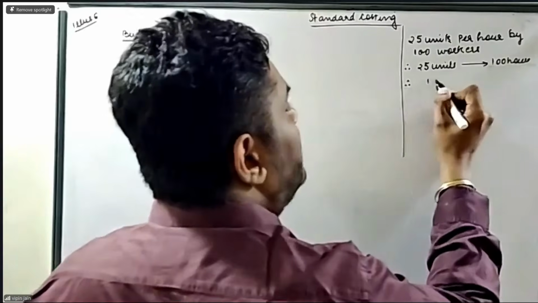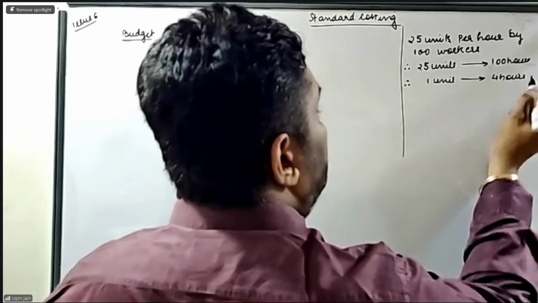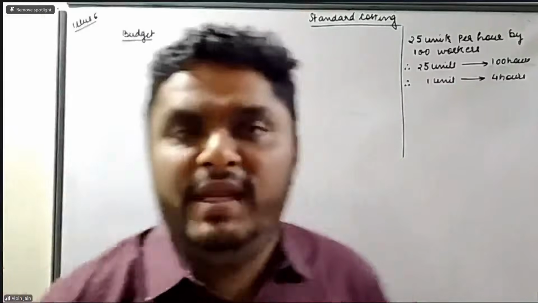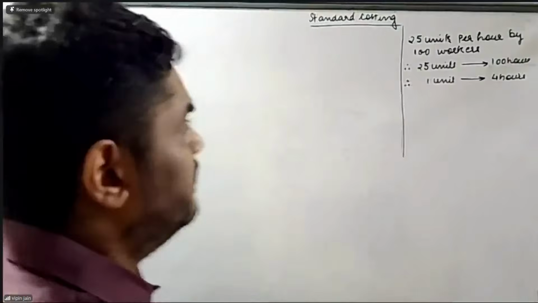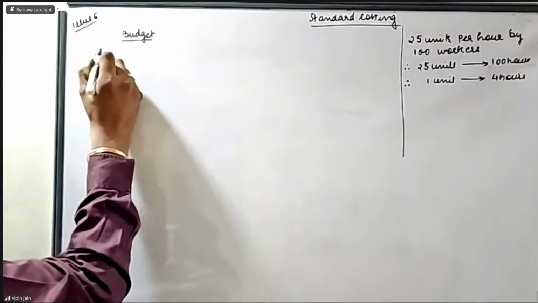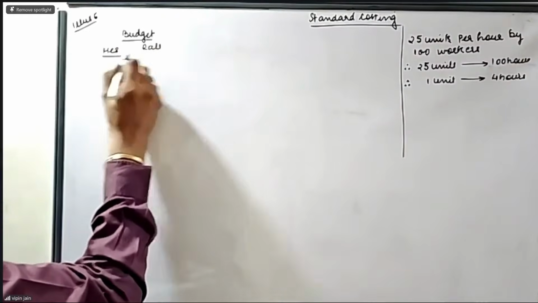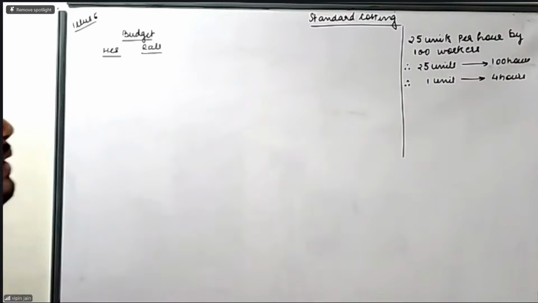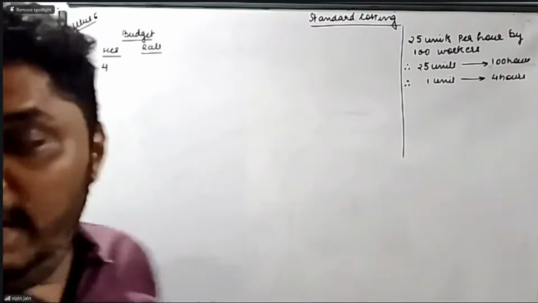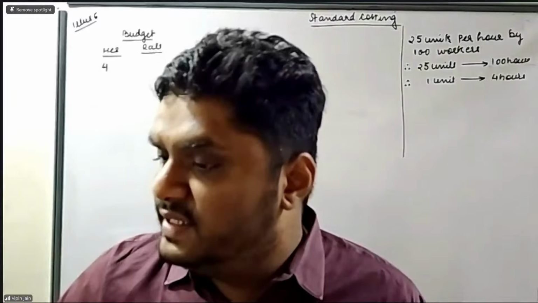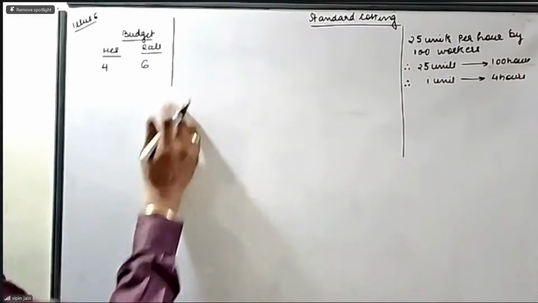Therefore, 1 unit takes 4 hours. So budgeted hours and rate: for every unit, 4 hours are required, and we are paying them at the rate of rupees 6 per hour. So this is the budgeted data given.